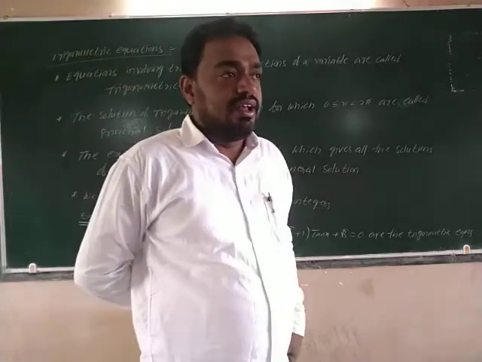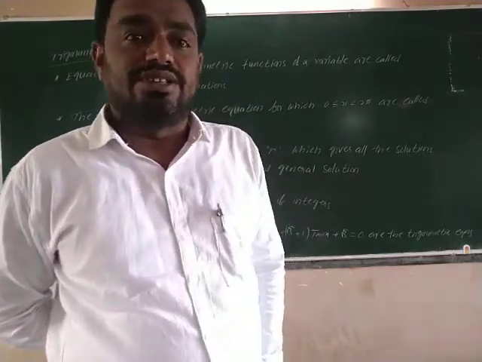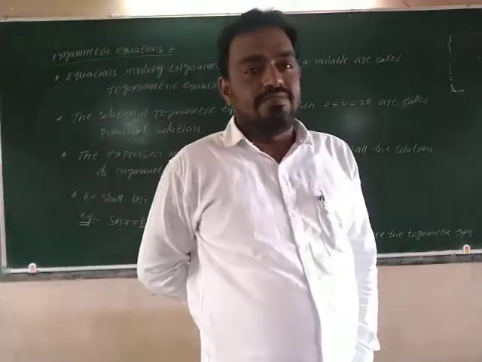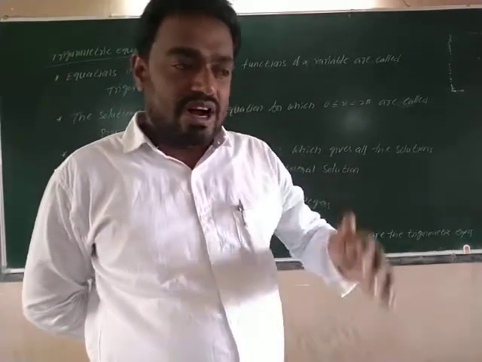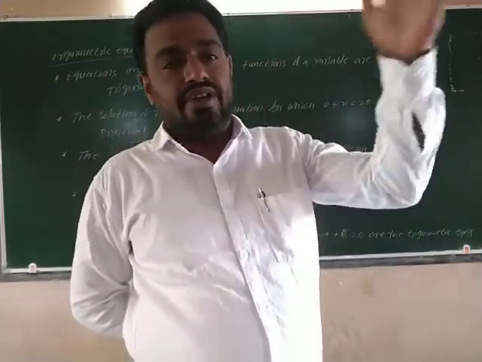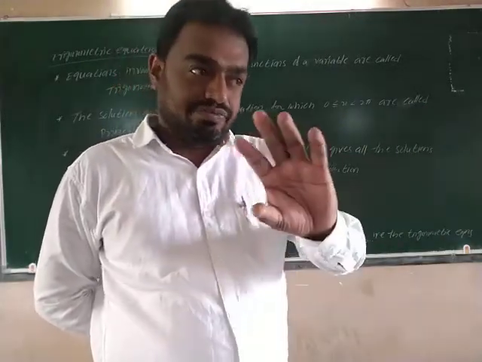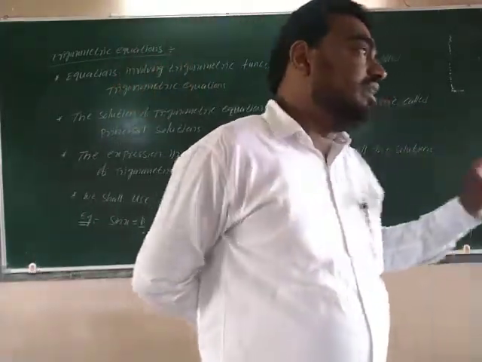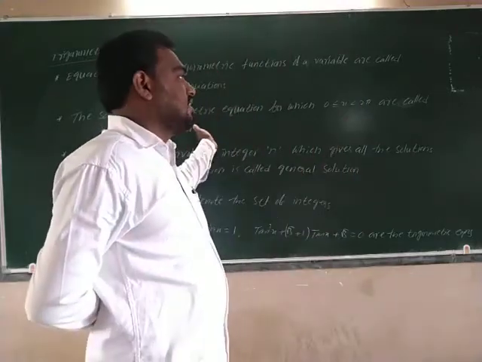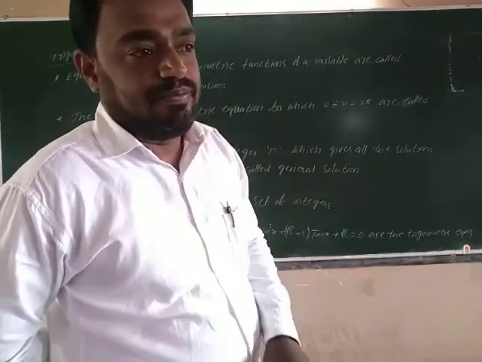Here you see, we know the trigonometric functions. For example, sin x and cos x, after 360 degrees, we again get the same function. That means the period of the functions sin x and cos x is 2 pi.